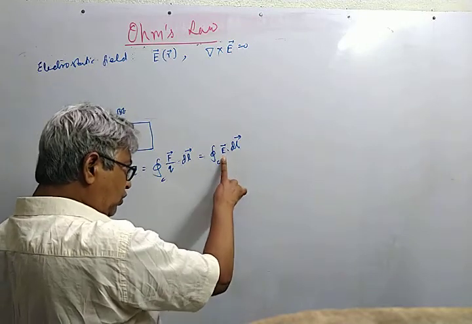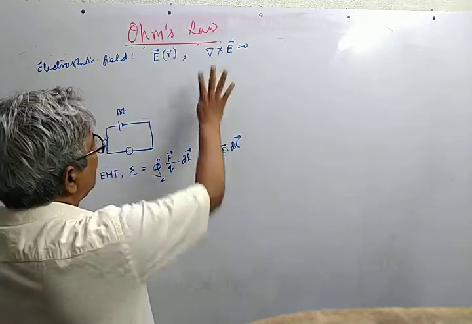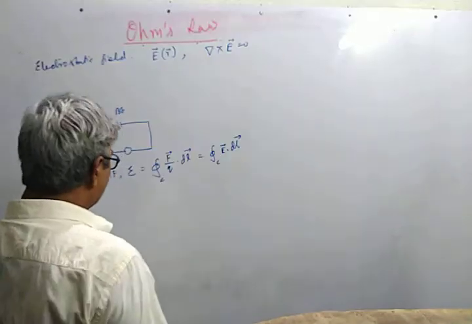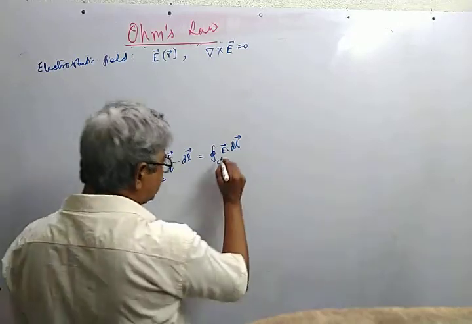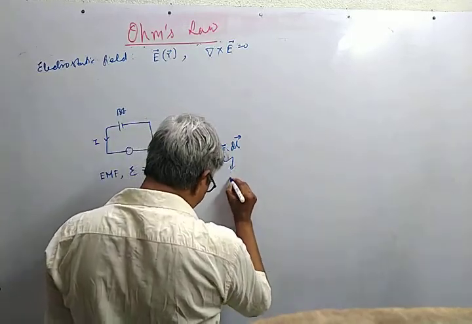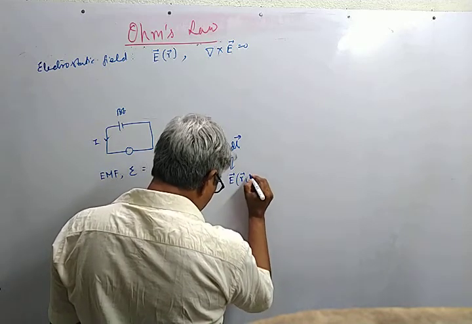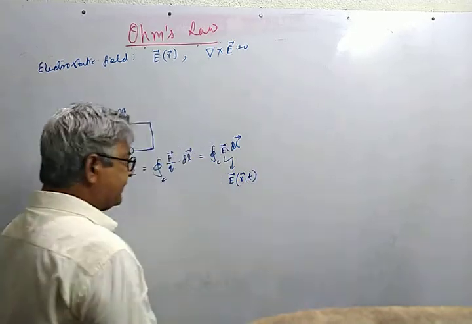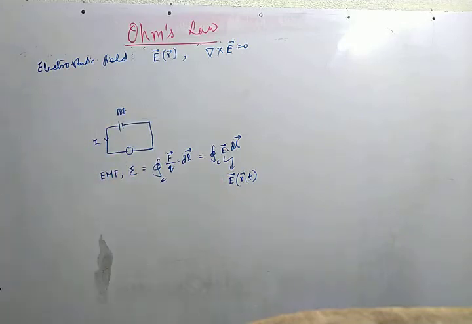Even if you include the electrostatic field within it, the electrostatic field will ultimately not contribute to the EMF. So this field must not be a static field, so it should have time dependence. So this is the electromagnetic field, so to say.